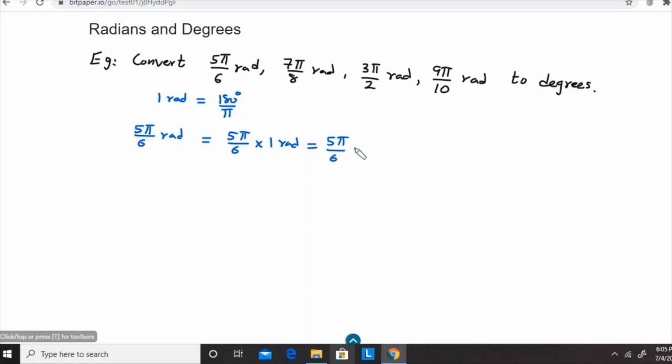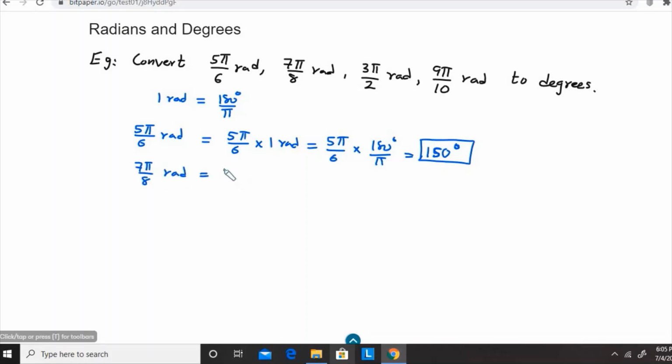5 pi over 6 times 180 degrees over pi, and when you simplify this, you will get the angle as 150 degrees. And then the other one, 7 pi over 8 radians.